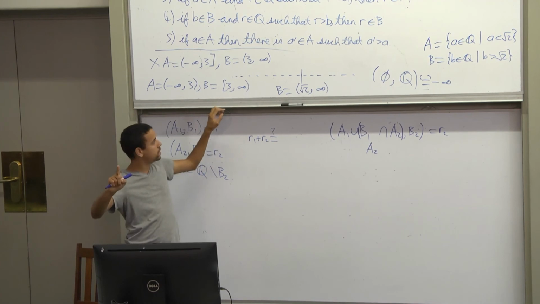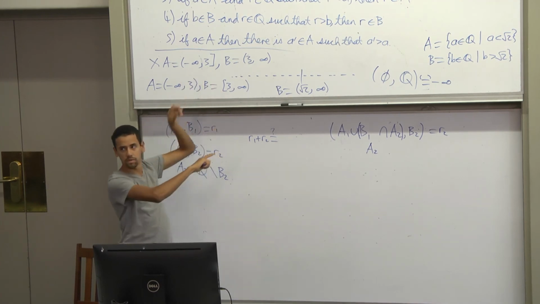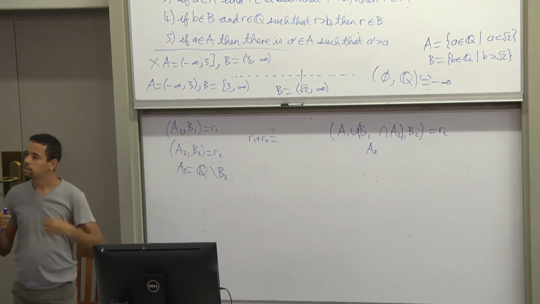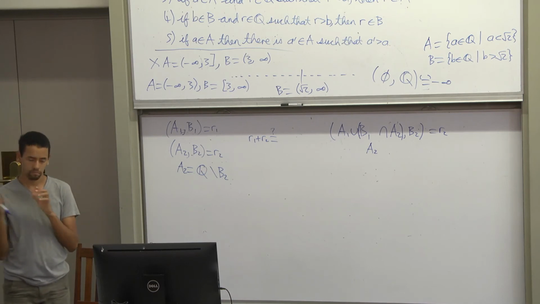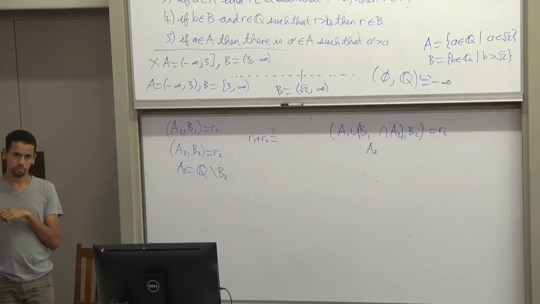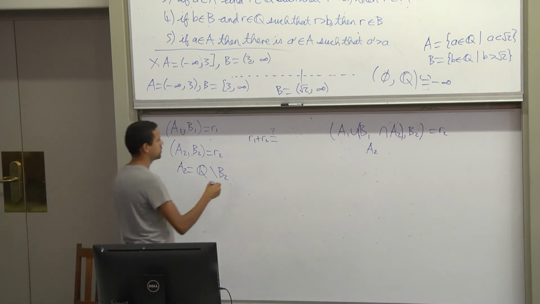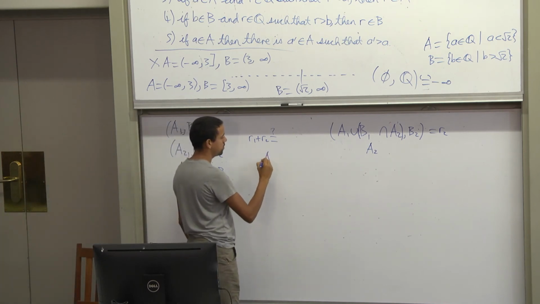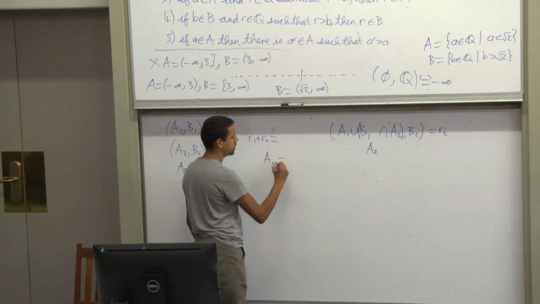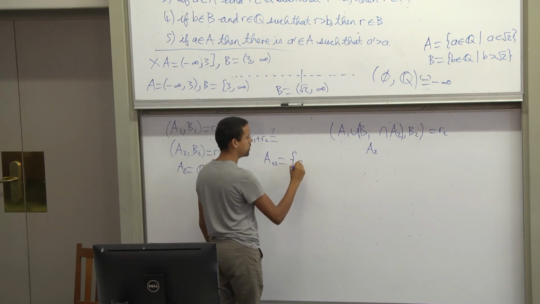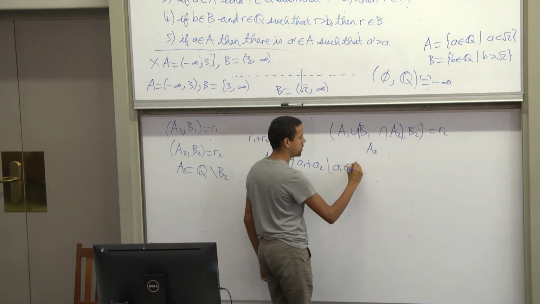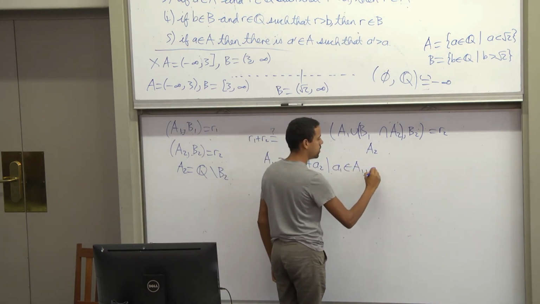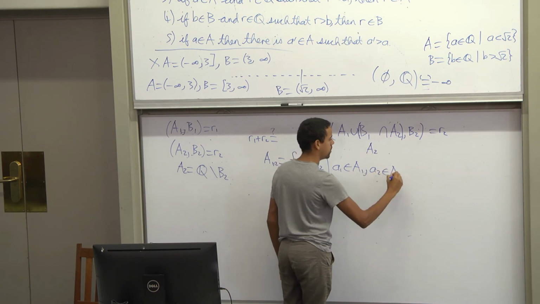But you do have a good idea of adding the two elements from B, yes? Instead, you just take the set that is every sum of two things where one is from one and the other is from the other. So your A, let's say A1 plus A2, is the set of everything A1 plus A2, where A1 is in your first one, and A2 is in your second one.